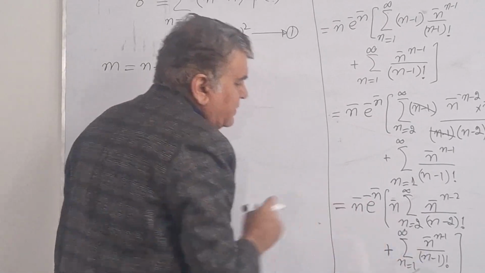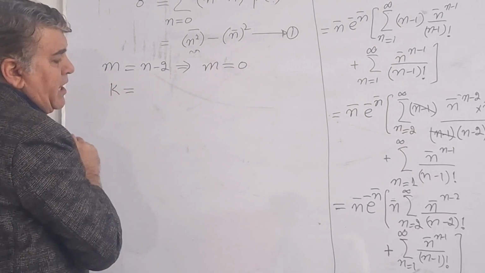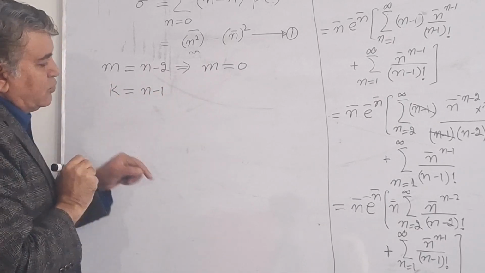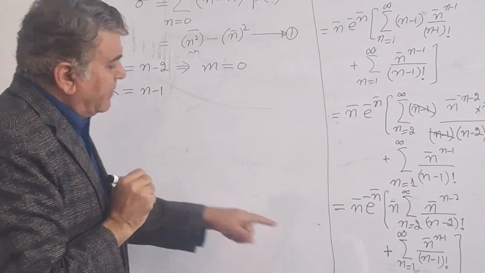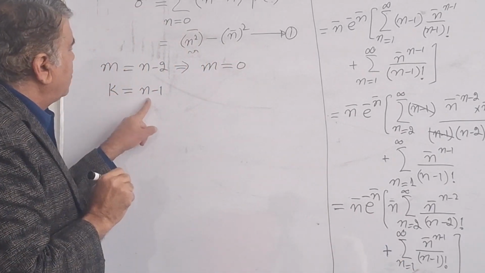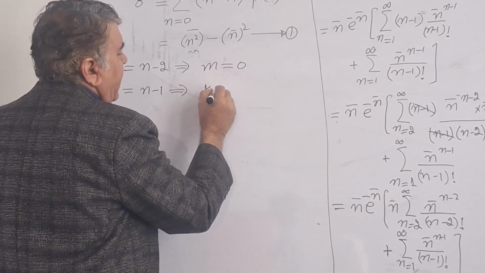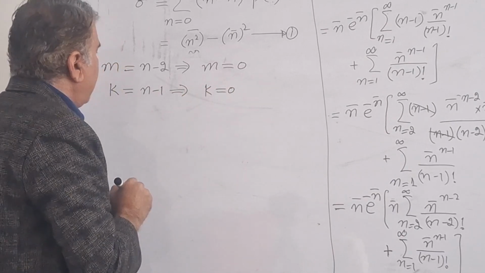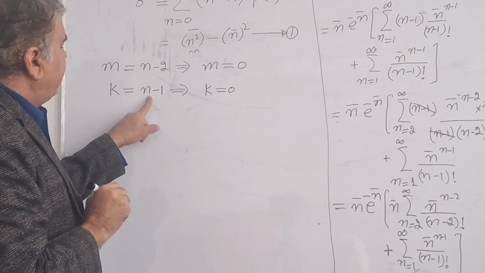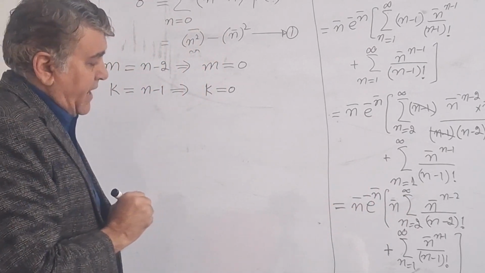And for the second, I define another variable k, which is equal to n minus 1. And again, to fix the limits, when n equals 1, this equation tells that k equals 0. So this implies that for n equal 1, k is 0. And for n equal to infinity, obviously k goes to infinity. Therefore, the upper limits of both the sums remain the same.